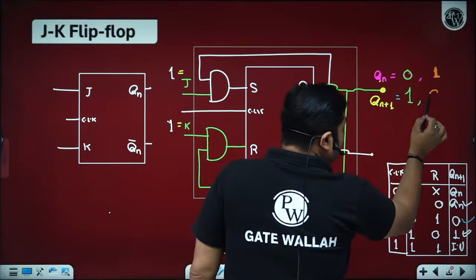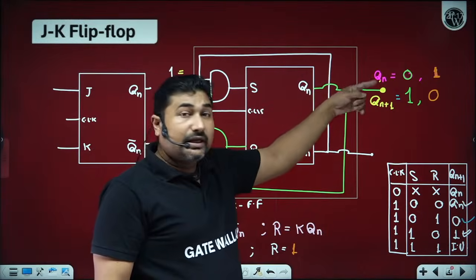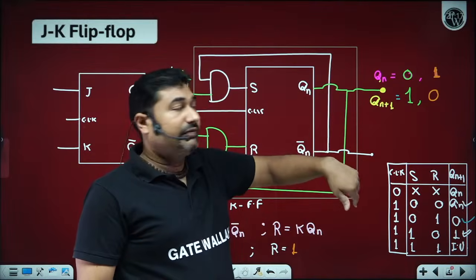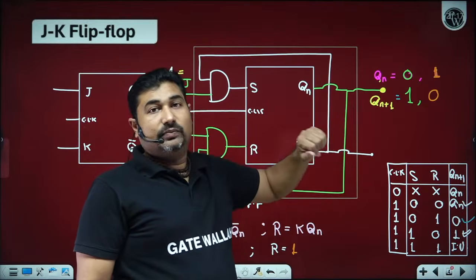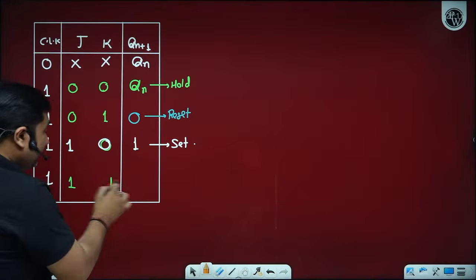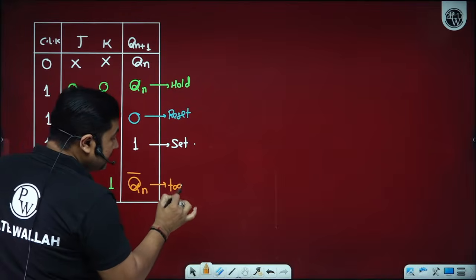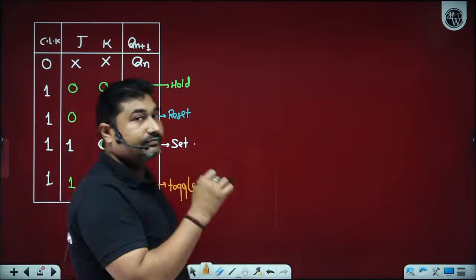On application of the clock, if Qn is 0, we will get 1. If Qn is 1, we will get 0. It indicates that with 1, 1, we are getting Qn complement.